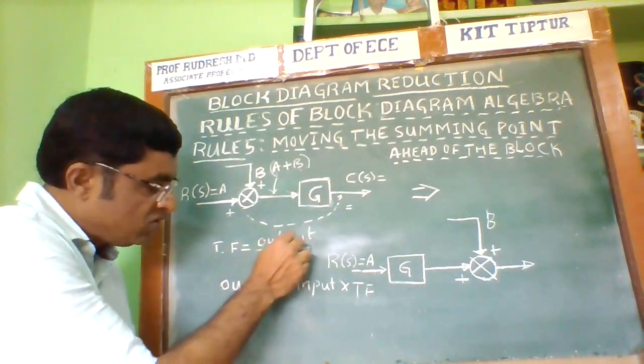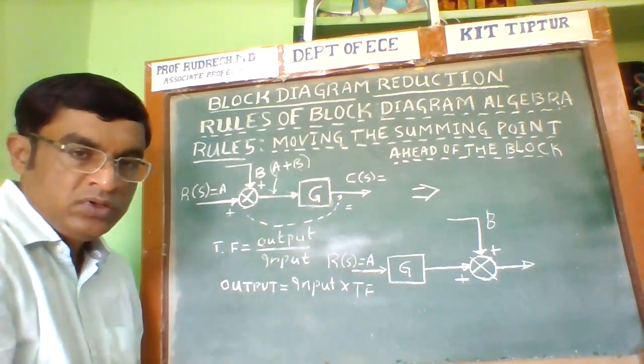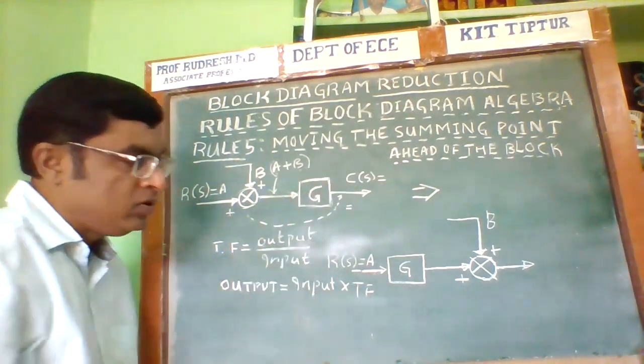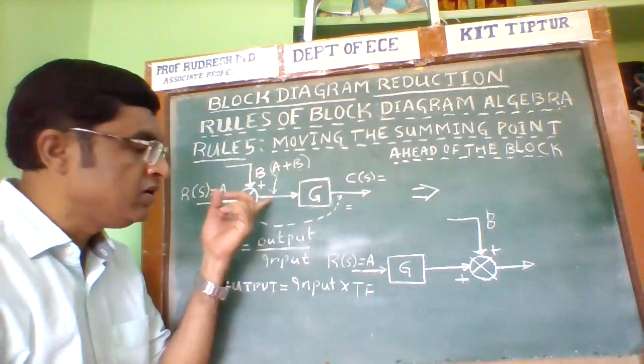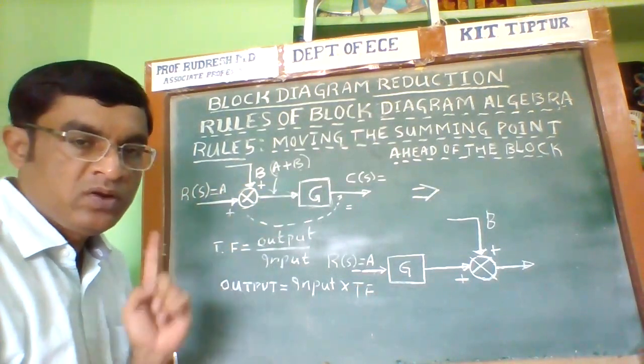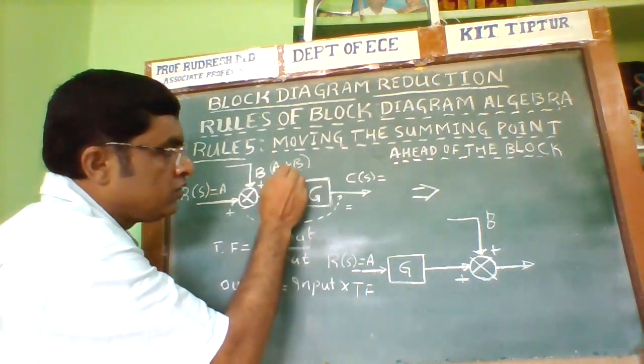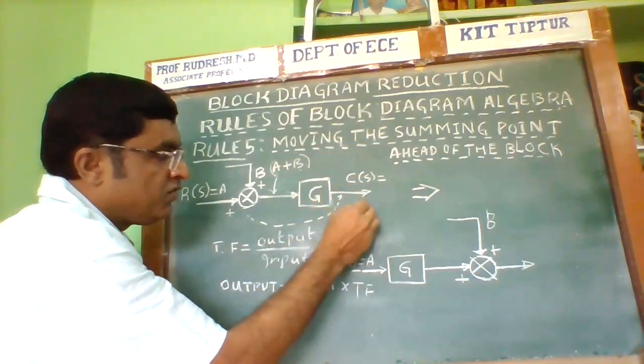If I want to find the output, I cross multiply the transfer function with the input. If I know the transfer function and the input, then I can calculate the output. Therefore, the output of this particular block is equal to input into transfer function.